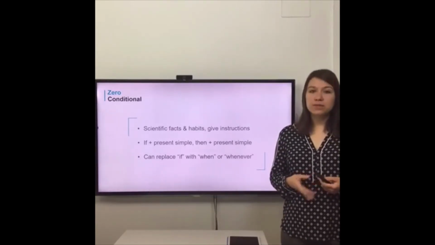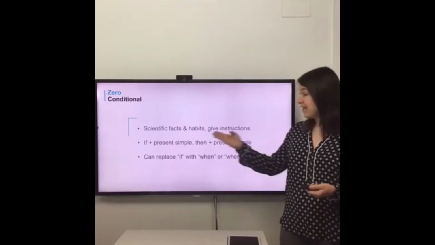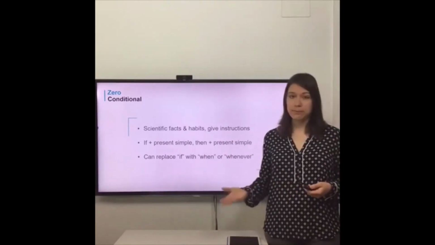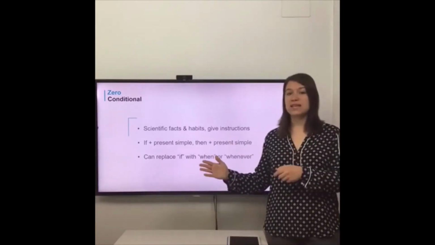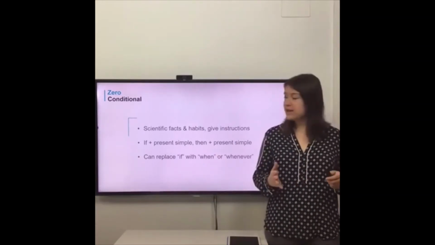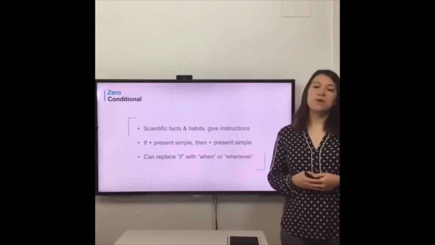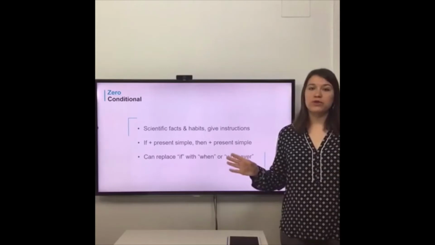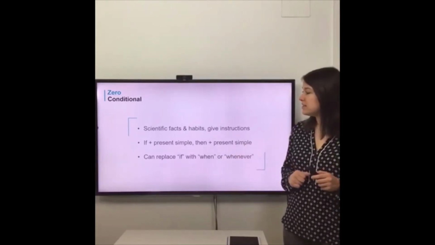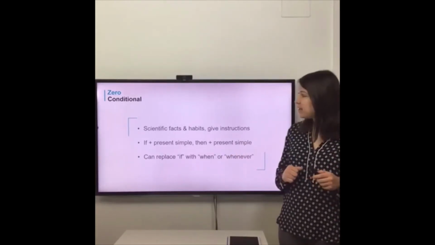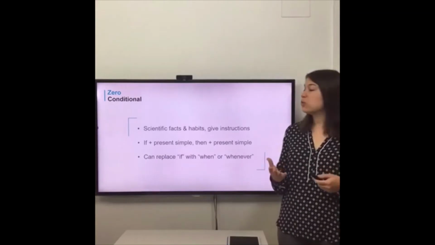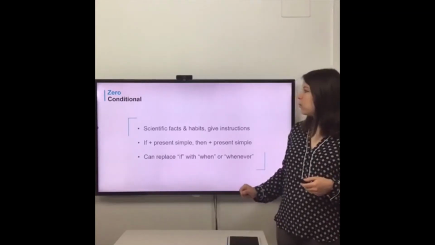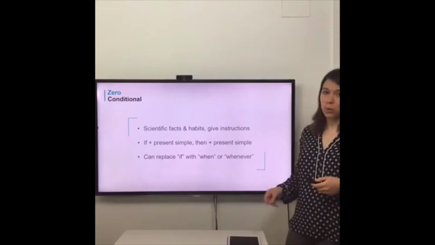We form the 0 conditional with if plus present simple on one side of the sentence, then present simple on the other side. So both verbs are in present simple in the 0 conditional. We can replace the word if in the 0 conditional with when or whenever.